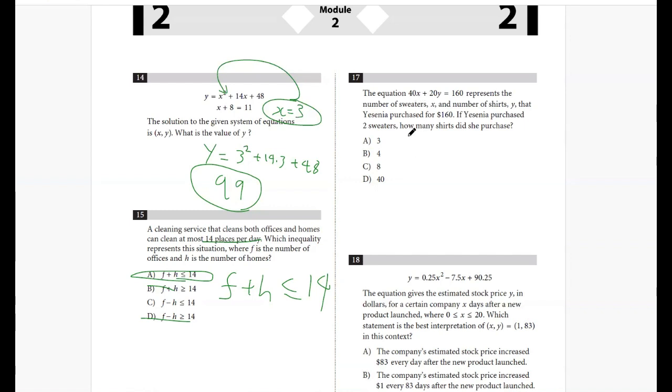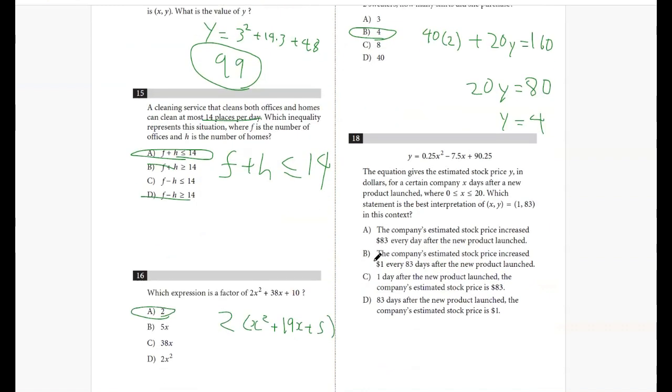So we're going to say 40 times 2 plus 20y is equal to 160. 20y is equal to 80. Y is equal to 4. So B is the correct answer.